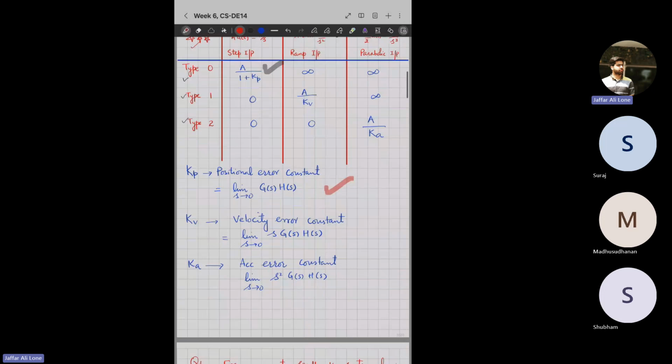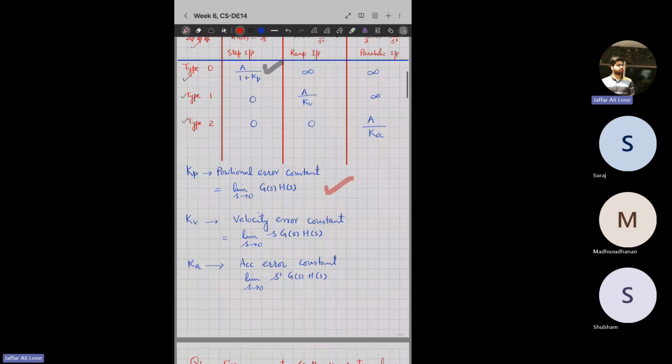You can also test this in MATLAB. You can create a hypothetical type 0 system and then give it step input, then ramp input, then parabolic input. You'll see for a unit step, the error will be finite, and for ramp and parabolic, it will go to infinity.